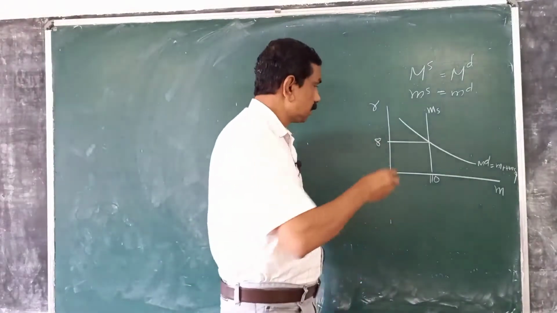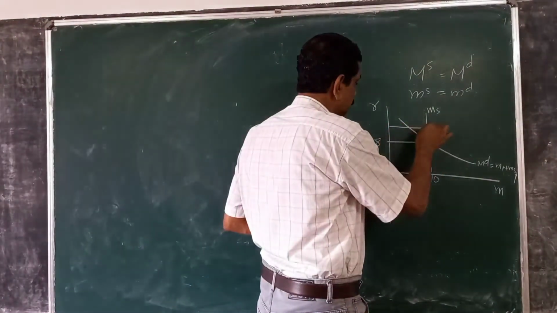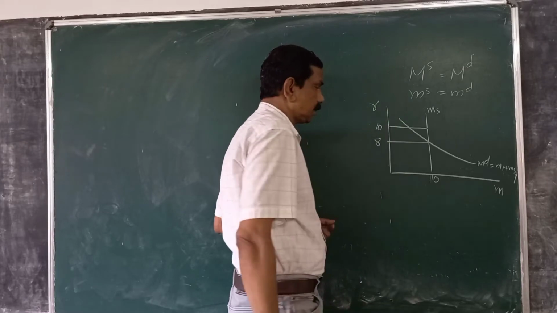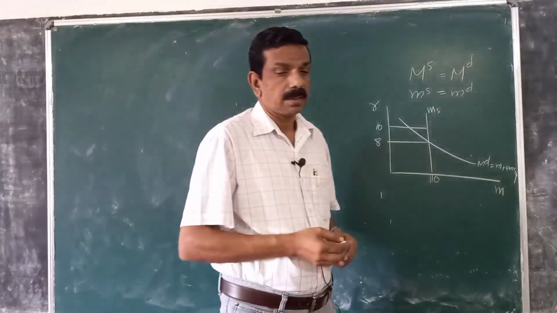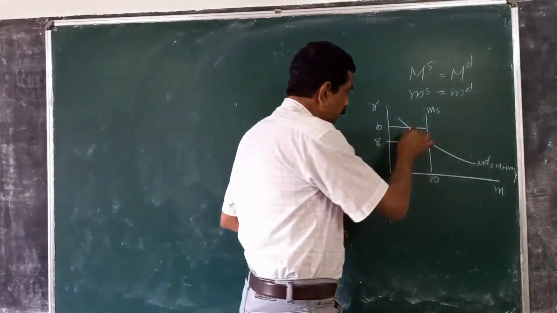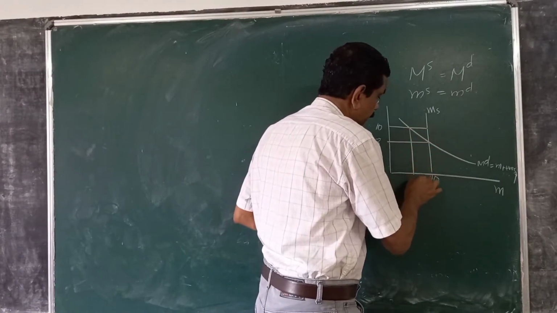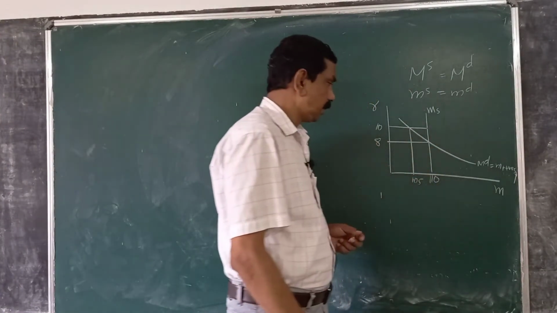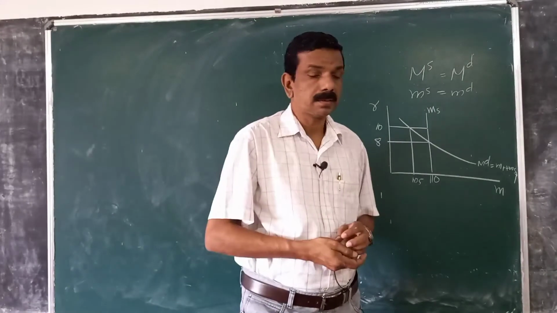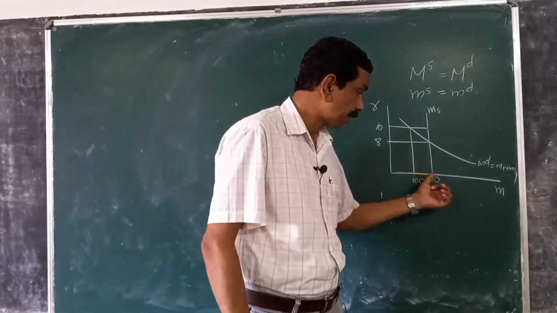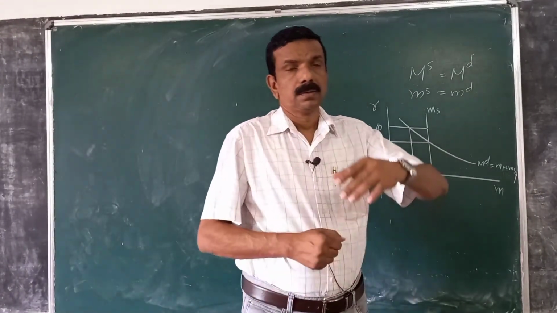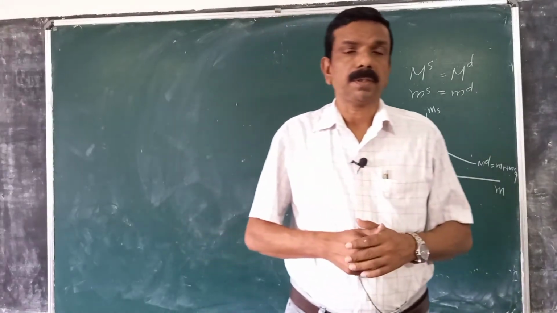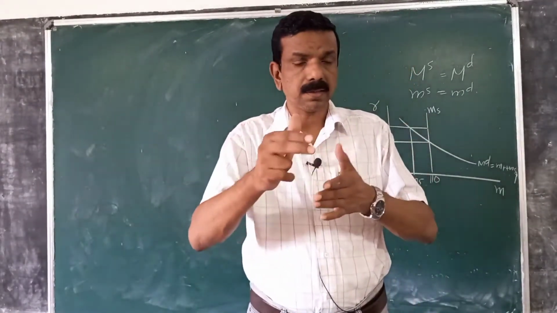If the rate of interest is, say, 10%, as you can see, money demand is only 105, whereas money supply is 110. So money supply exceeds money demand.